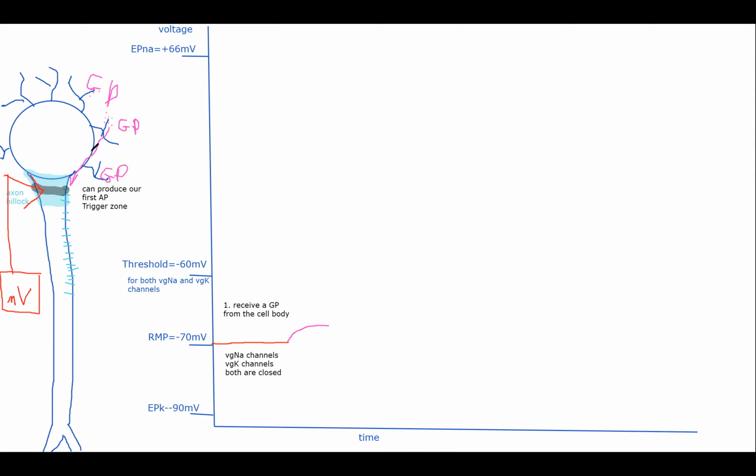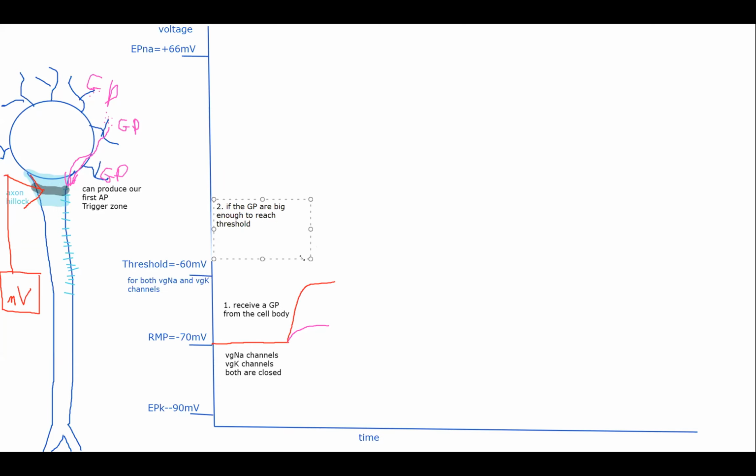The point is, what happens is our graded potentials come down here. And if our graded potentials, and I'll switch back to red now, are big enough to reach threshold, that is when the magic is going to happen.